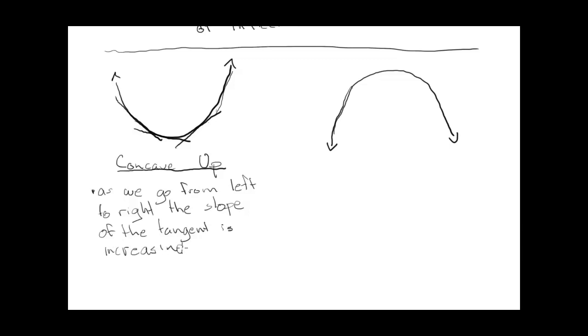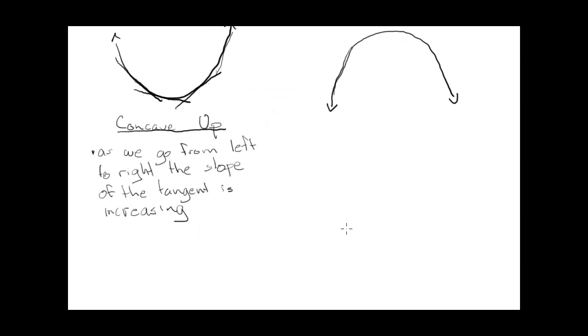So let's think about what that means for the derivative. Therefore, the slope of the tangent is increasing. That means f prime is increasing, because f prime is the slope of the tangent.